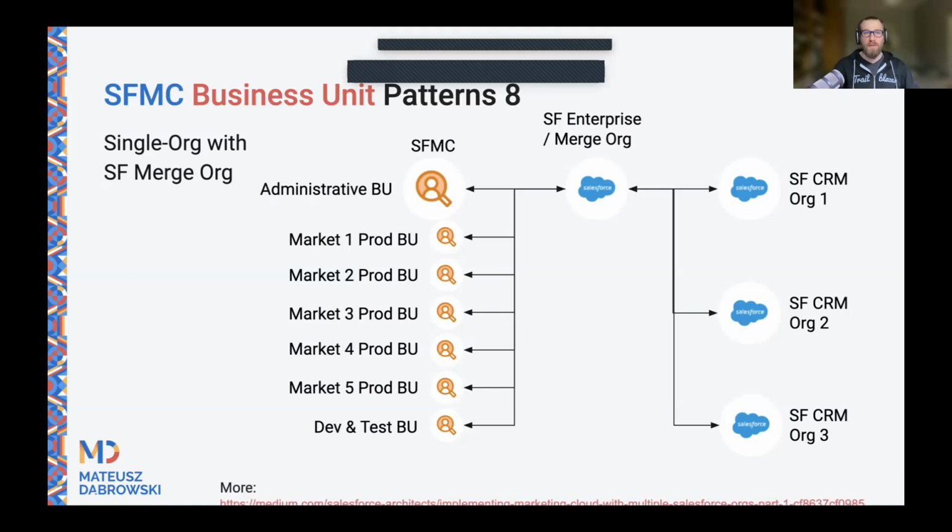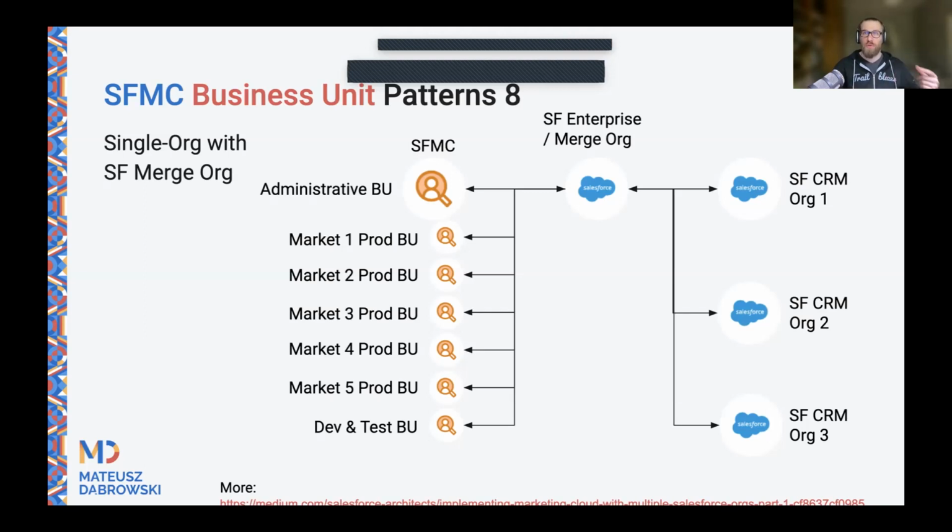And there is also, of course, a nicely provided link to a nice article by the Salesforce Architects blog that also covers multiple things related to this patterns topic. And again, what is important is that, as you can see here, with all those limitations, patterns, and considerations related to the multi-org and single org configuration, this nicely wraps back to the business unit configuration that we discussed earlier.